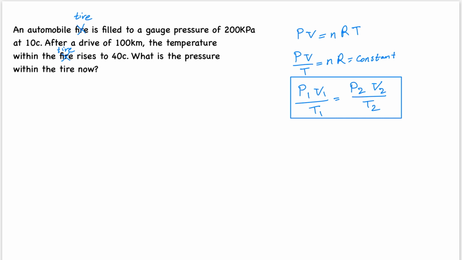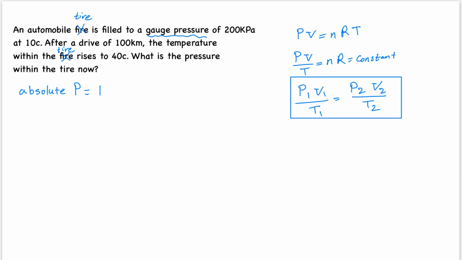it is important and crucial to know that this is the gauge pressure. This is not the absolute pressure. So the absolute pressure is, what is 1 atmosphere?